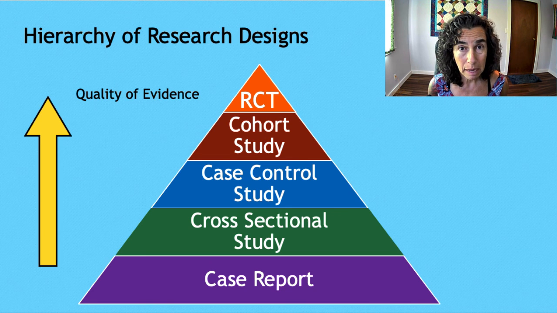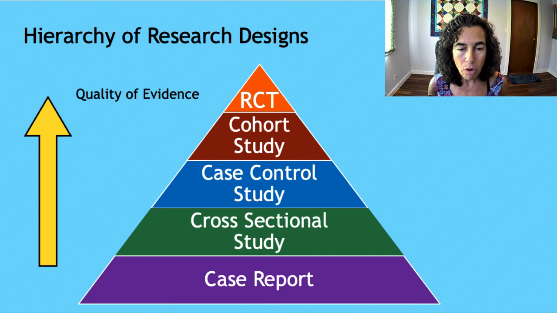So random assignment to group, and a controlled trial, meaning that we're trying to prevent bias, errors, and other variables from confounding or mixing up what our findings are, right? So the cleanest, strongest kind of evidence is an RCT.